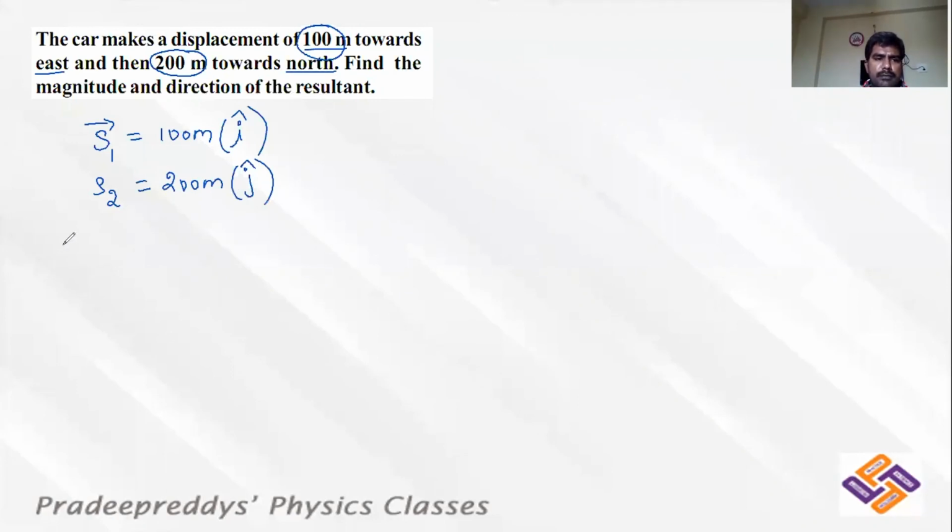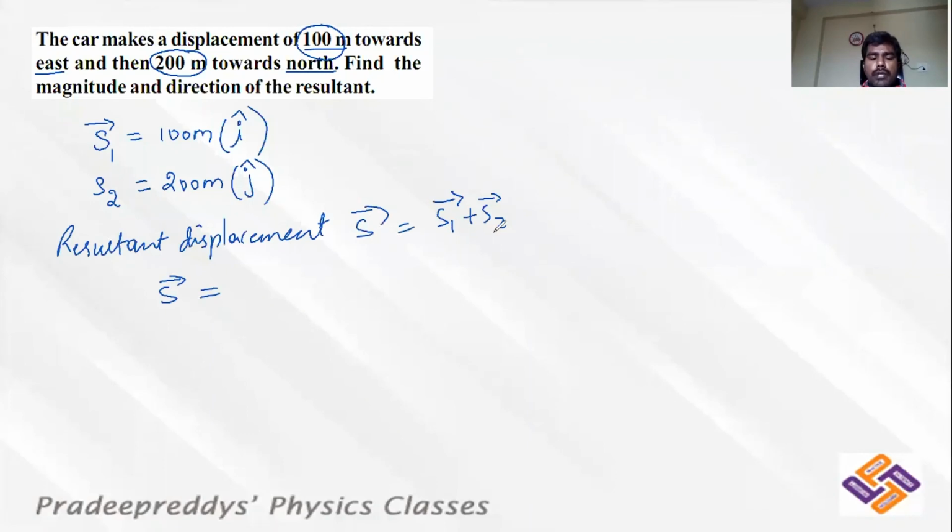So resultant displacement S bar is equal to S1 bar plus S2 bar. Most students, when you get this type of question and find the resultant, will write 200 plus 100 and the answer is 300.